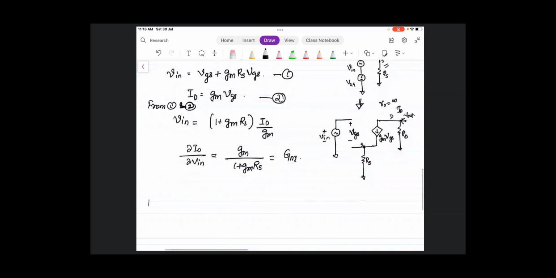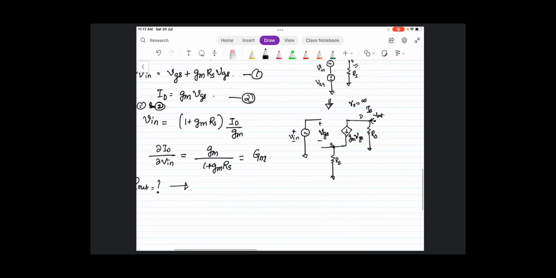Now what is R out here? For finding R out, this is nothing but the Thevenin resistance. Okay, so you have to change this circuit, and what we have to do, this will be 0 volts. So all the DC sources are shorted, this will be 0 volts here, so this is basically a short. Here I have to apply a VDC.